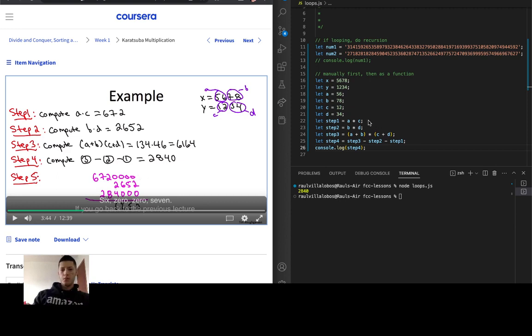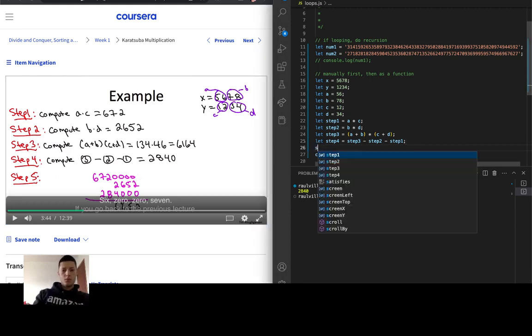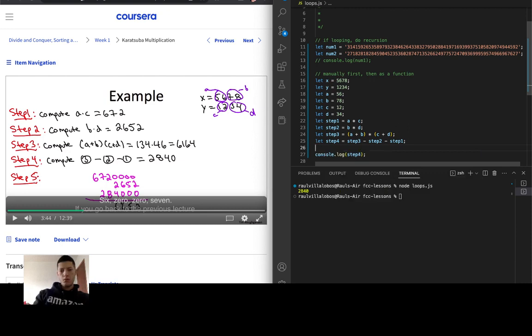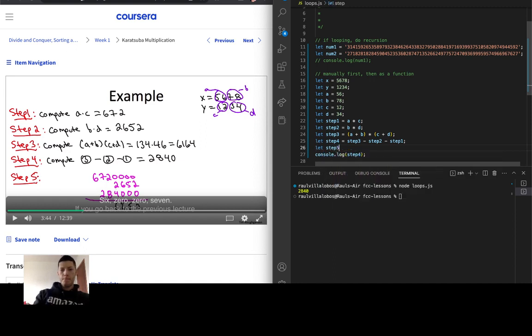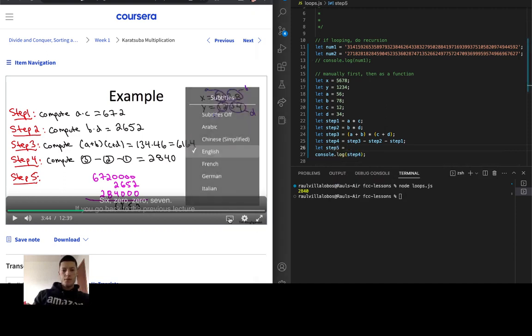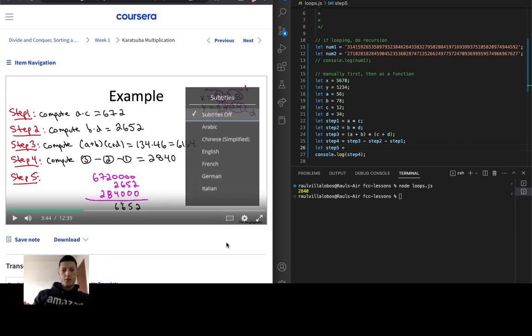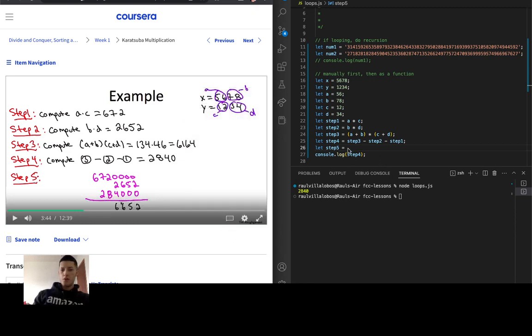Step 5. Alright, so step 5 we're gonna have product, what is that? Step 1, we're padding it with 4 zeros, so I'm gonna multiply it times 10,000.